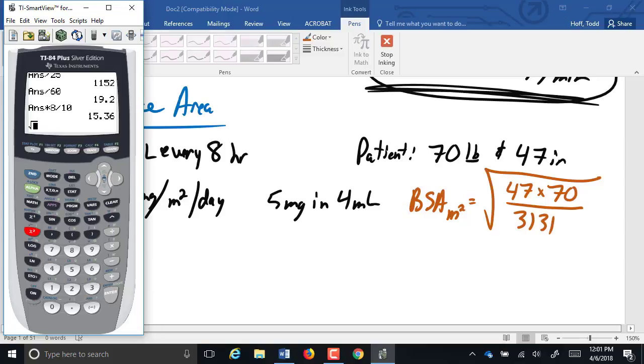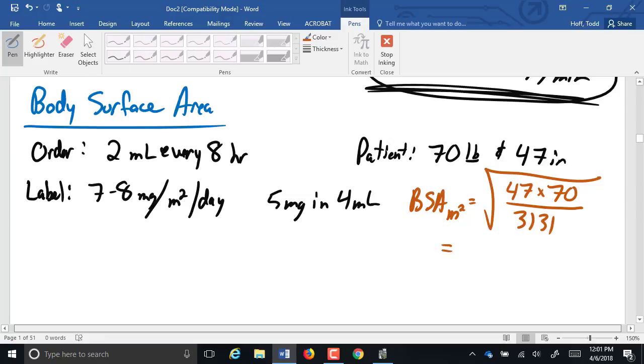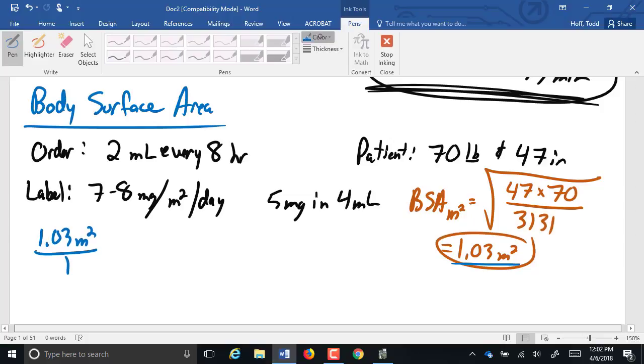Square root, 47 times 70 divided by 3131. 1.025, 1.03 square meters we're going to round that to. So that's our body surface area. And that's what we're going to use to start our calculation. So 1.03 meters squared.